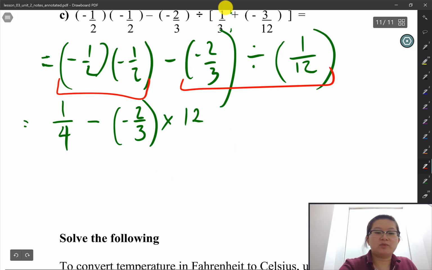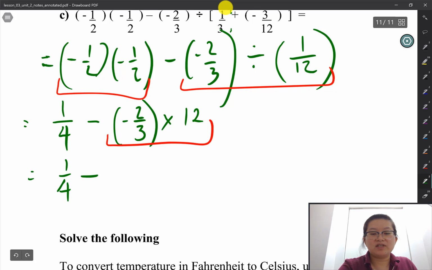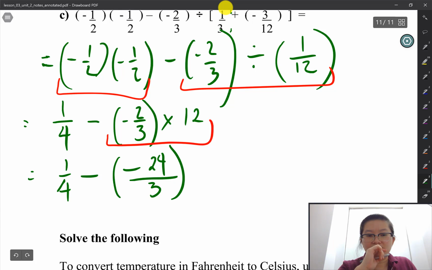Next up, we have the multiplication, which is this one over here, and this is going to give me 1 over 4 minus negative 2 over 3 times 12. 2 times 12 is 24, and I'm going to make that negative 24, and 3 I just keep at the bottom. Or I could have just simplified this as I went. I could have done 12 divided by 3, so I don't have to do it here, which is 24 over 3, this is effectively just 8.